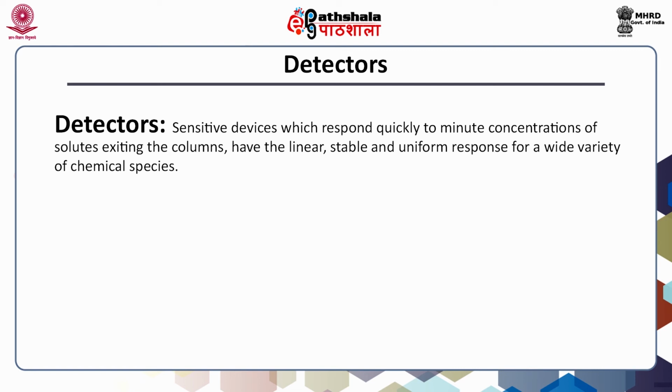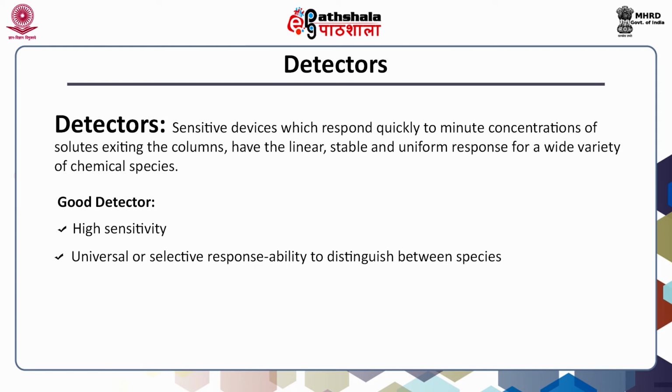So, that means detectors should be very sensitive, they should have a linear behavior, they should be stable, and they should have uniform response for a wide variety of chemical species. For any good detector, some of the characteristics are, for example, the sensitivity should be high, they should be universal, or they should have a selective response ability to distinguish between species of different components.